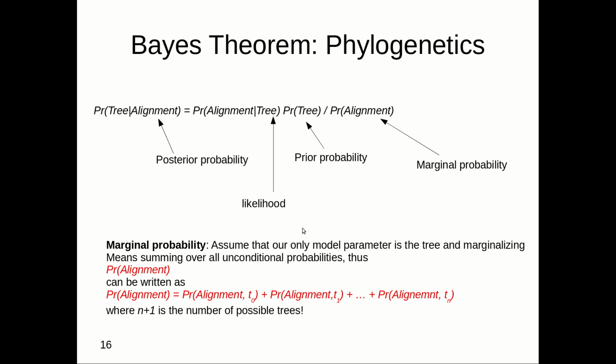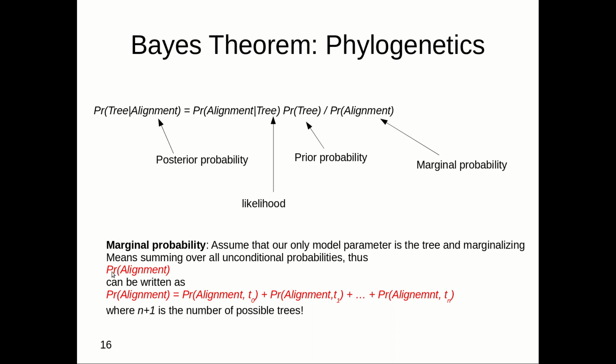So for the sake of simplicity, let's just assume here that our only model parameter is the tree topology itself, and marginalizing actually means summing over all unconditional probabilities.